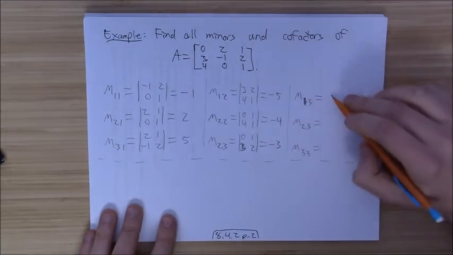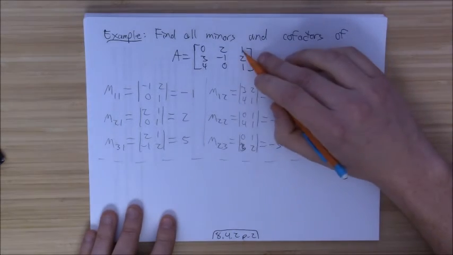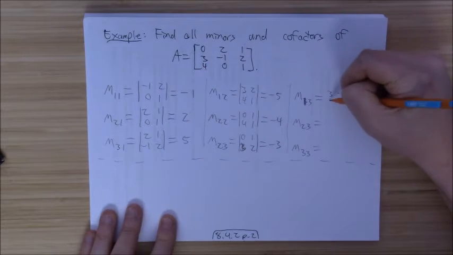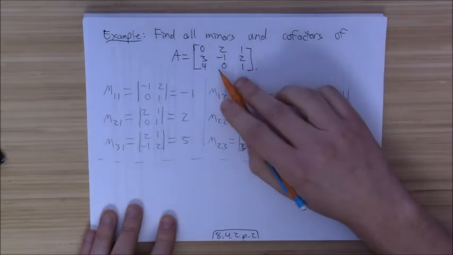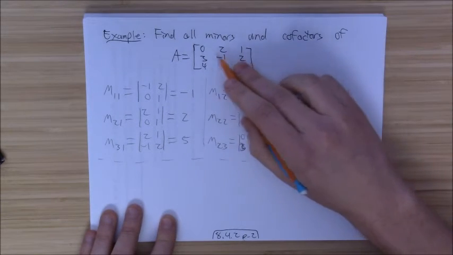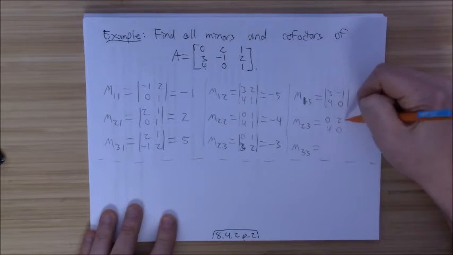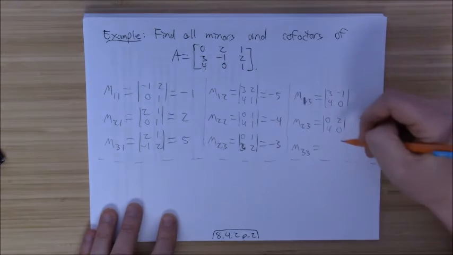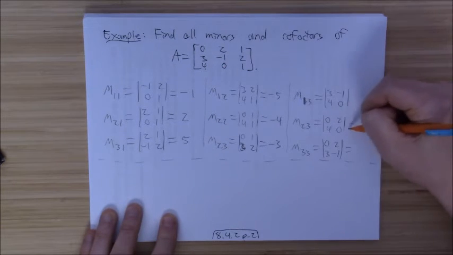And similar for the last column: deleting the first row and third column, we would have 3, -1, 4, 0. Here, getting rid of that entry, we'd have 0, 2, 4, 0. And here, we'd have 0, 2, 3, -1. Go through and calculate each of these determinants.